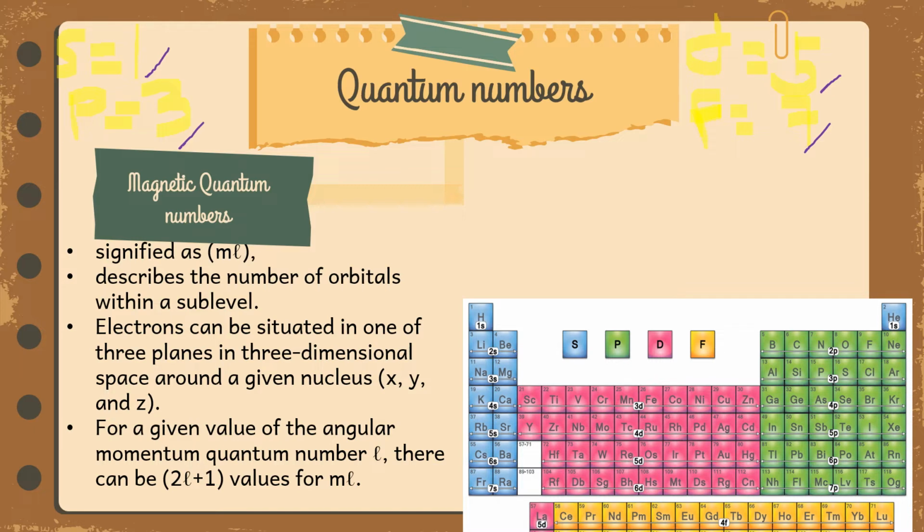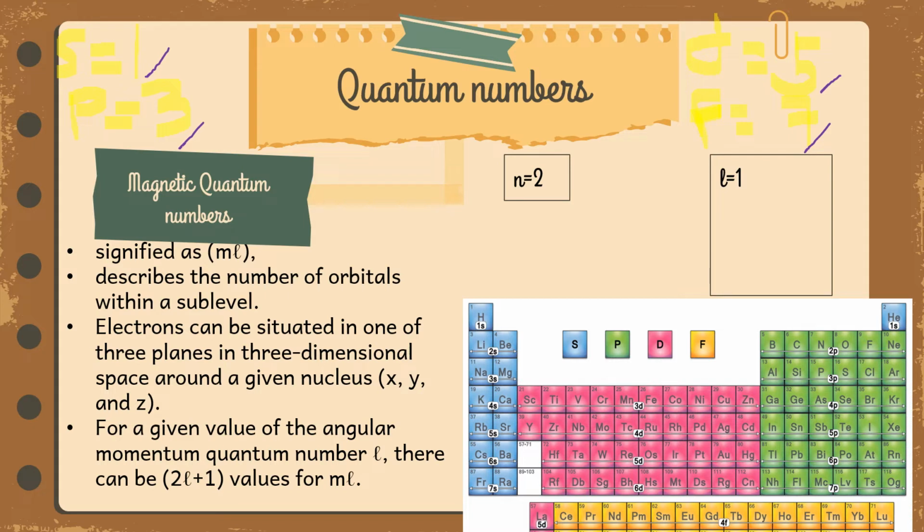And these orbitals in every sublevel are represented by the magnetic quantum number. Let's have an example. The principal level is 2. It means that an atom or an element has electrons on the second orbit.